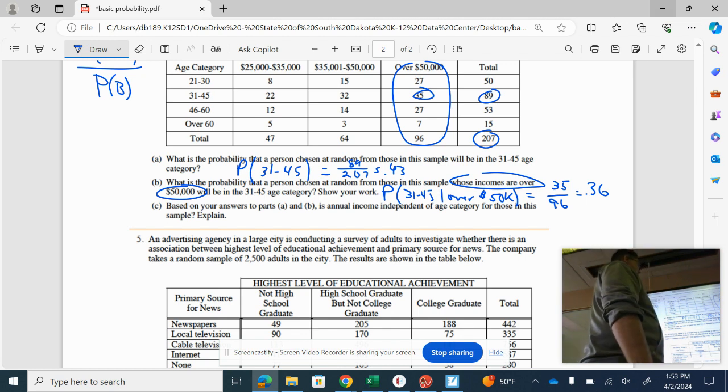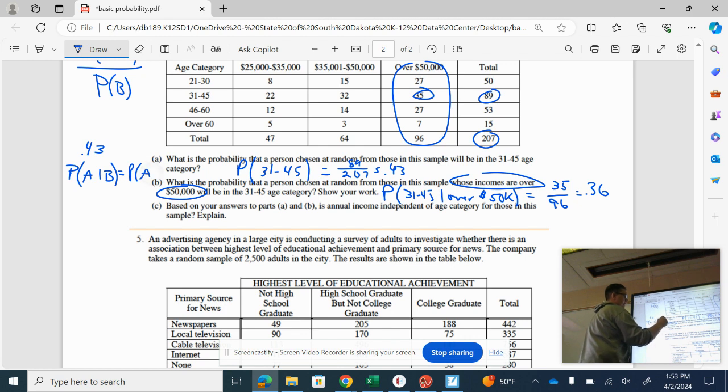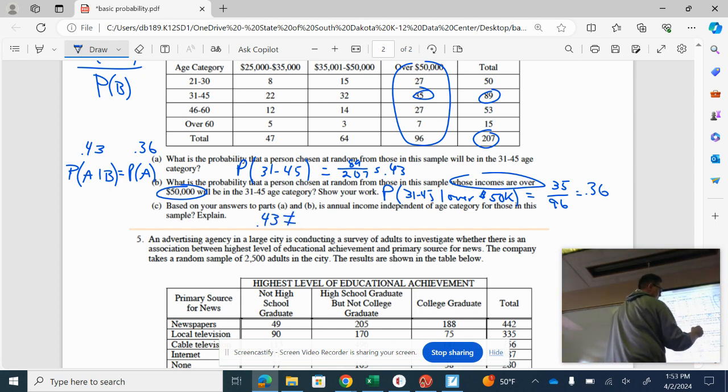Based on your answers to A and B, is annual income independent? Now, there's a rule. If the probability of A given B, which we calculated right away, which was 43, equals the probability of A, which we found to be 36, they're independent. So 43 doesn't equal 36.